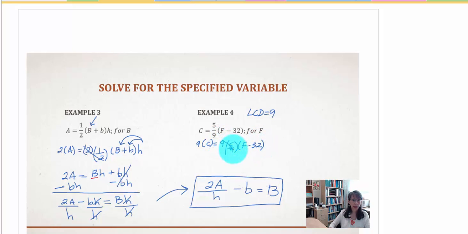So what happens is the 9's are going to reduce, leaving us 9C is equal to 5 times the quantity F minus 32. With parentheses, we'll need to clear by distributing 5 to each term in this quantity. So we'll end up with 9C equals 5F minus 5 times 32, and that's 160.